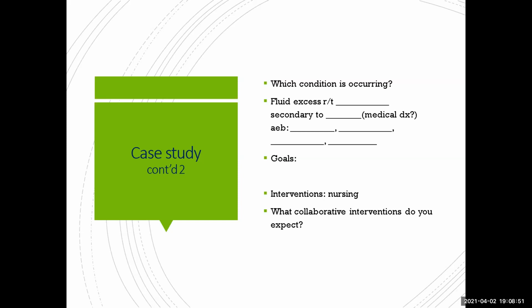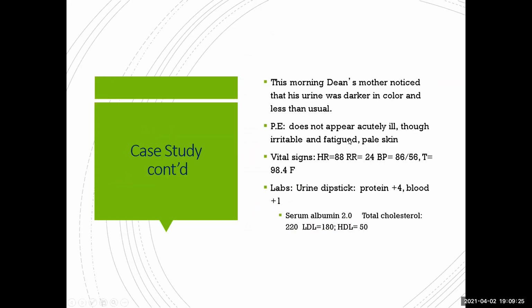So first of all, it's nephrotic syndrome. The fluid excess is related to decreased excretion of sodium and retention of fluid, right? Secondary to the MCNS. And then as evidence would be all of this stuff.